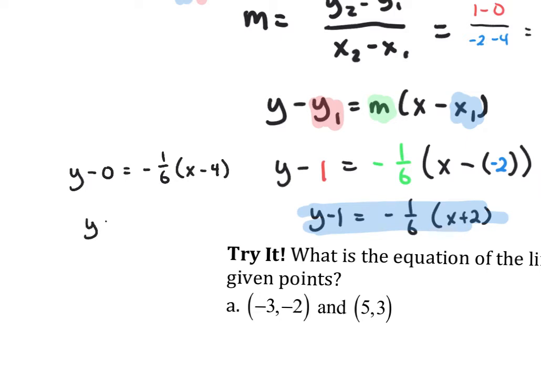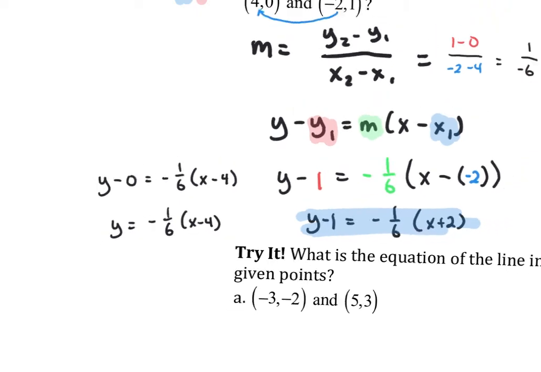Notice the left side reduces, but the right side does not. This would still be point slope form. Notice the 0 we don't need to write. This almost looks like slope intercept form if we were to distribute, but let's not confuse our forms here.